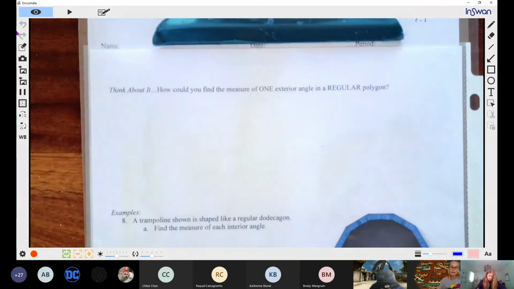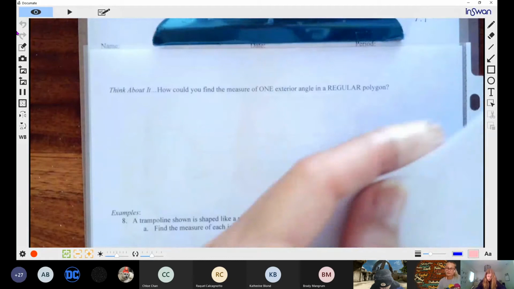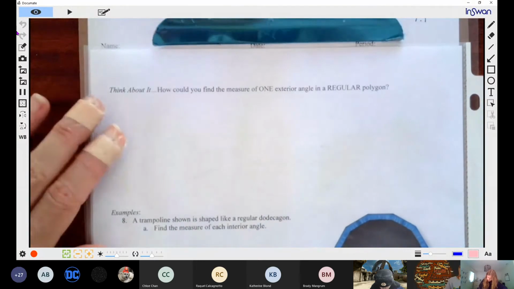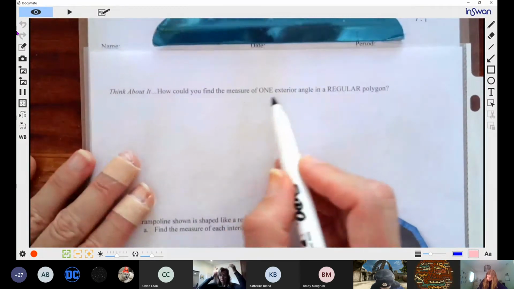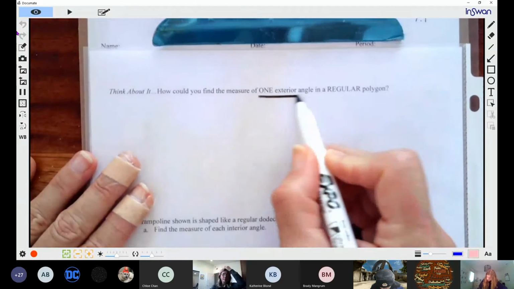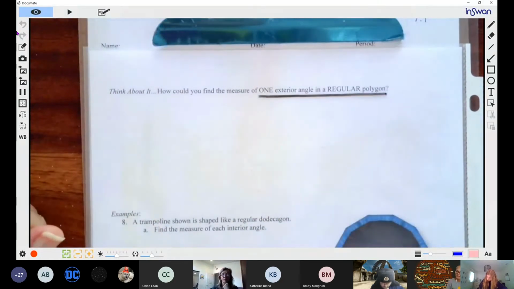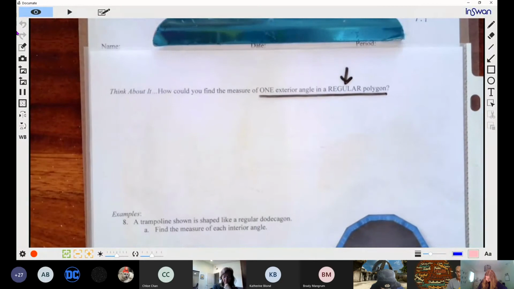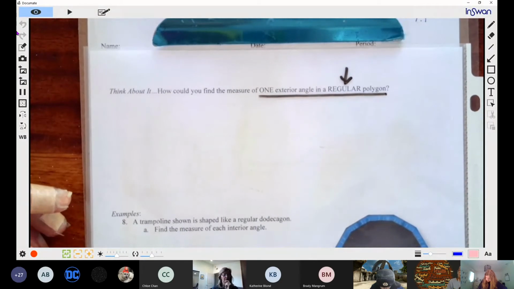So I'm pretty sure that is the end of those notes. So how could you find the measure of one exterior angle in a regular polygon? Remember, it has to be regular. It's almost the same as it was with the interior angles.